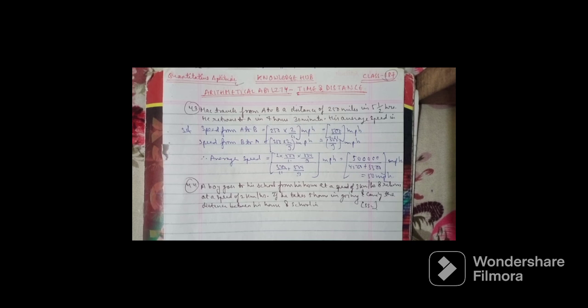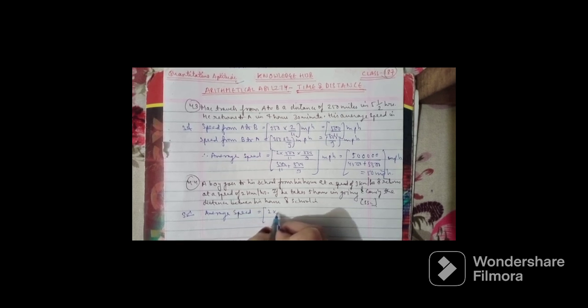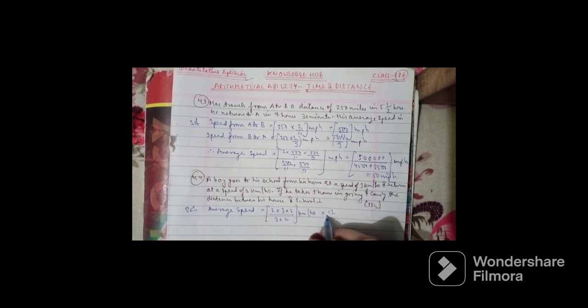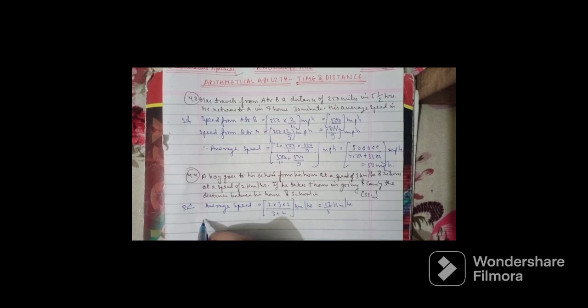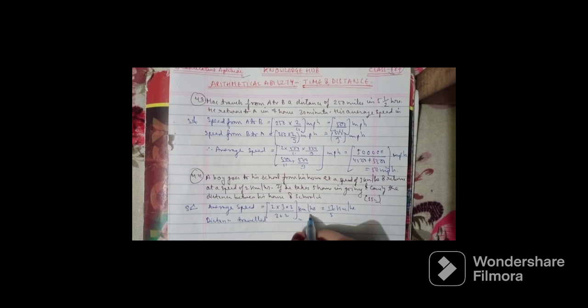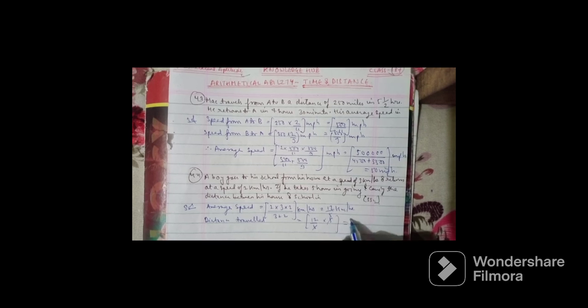Average speed. Distance traveled by 5 into 5 plus 2, 12 kilometers.